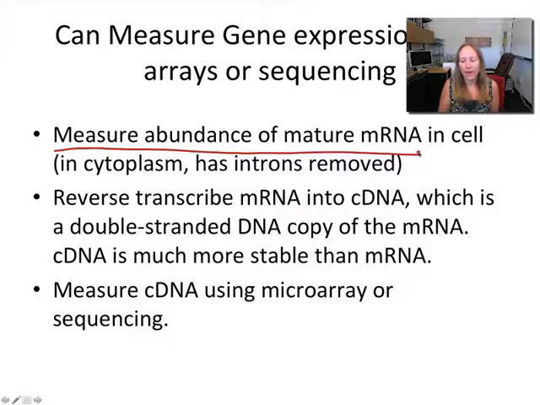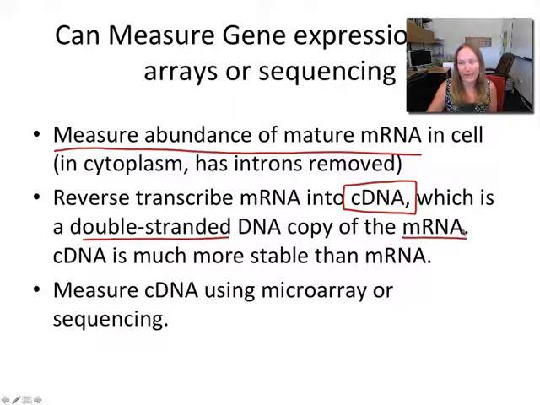And they do that by turning the mRNA into a much more stable version of mRNA called complementary cDNA, which is double-stranded, sort of like the DNA that's in the cell, but is really just a copy of the mRNA. It's not exactly the same as the DNA that the copy mRNA was made from.